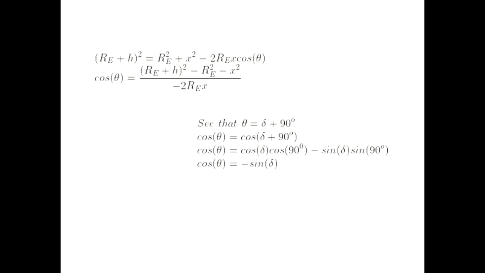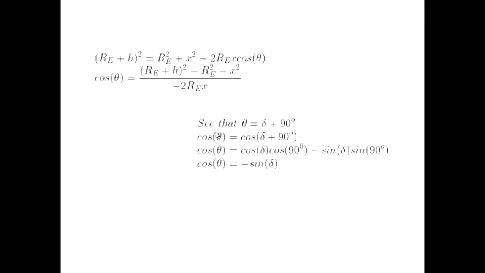If we switch these around, we will find a way to express cosine theta in values that we already know, which is the radius of the Earth, the height of the mountain, and the shortest distance between the observer and the top of the mountain. Now notice on the diagram I showed earlier that this theta is equal to delta plus 90 degrees.